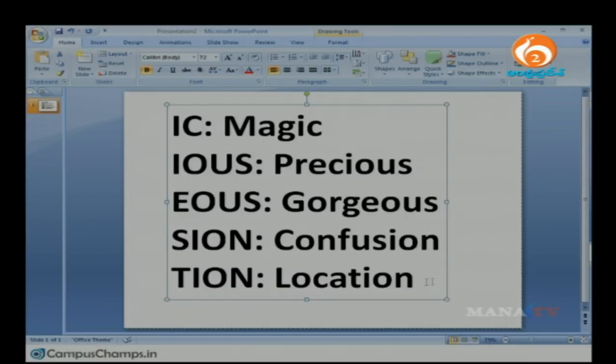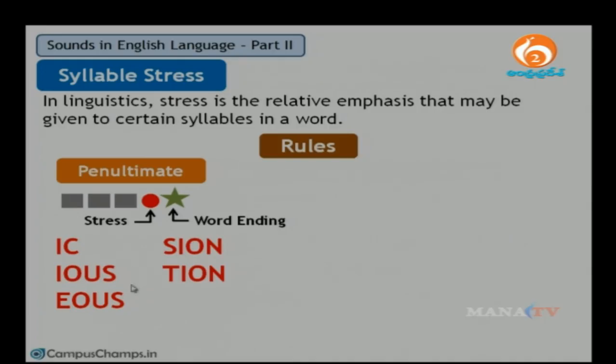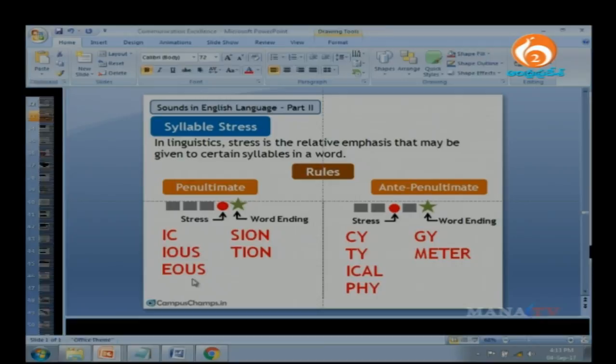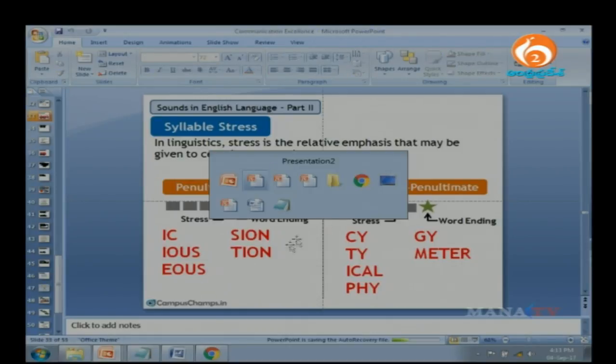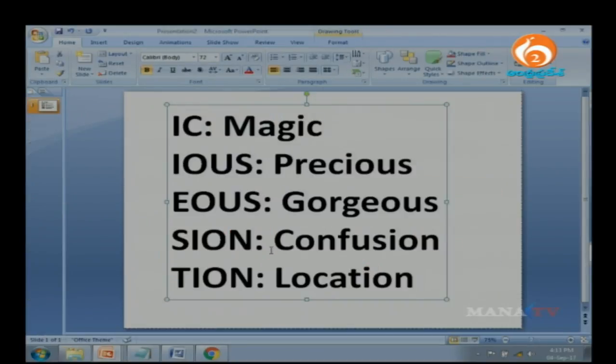Any word that ends with TION. If you have any word ending with any of these, the syllable stress will be on the second last syllable. Let's take an example for each one of these. All right. So let's move on. I'm going to begin with IC.